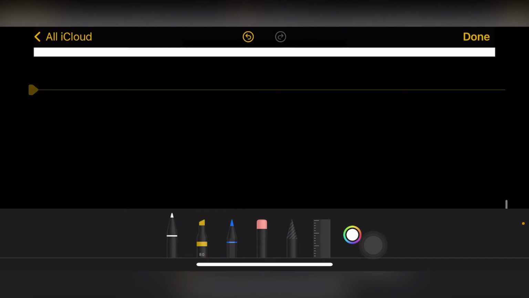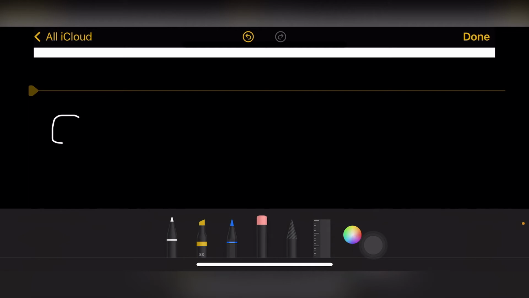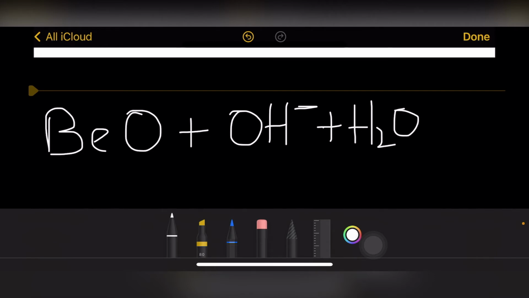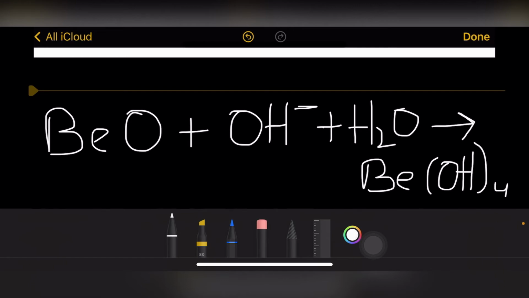So basically, what it says is, beryllium oxide plus OH minus ion plus H2O gives us Be(OH)4 2-.